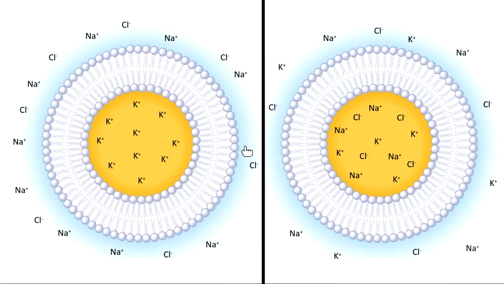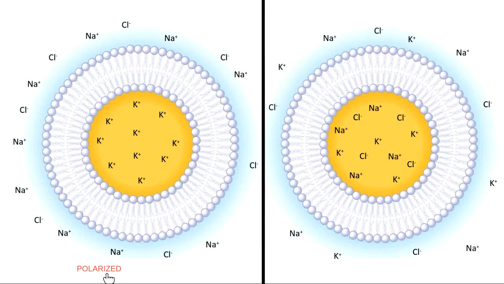A couple of us are chiming in. This is a really important word for us to know. A cell is polarized if it's different on the inside compared to the outside.